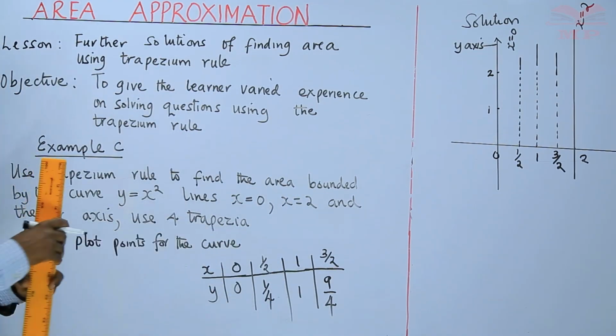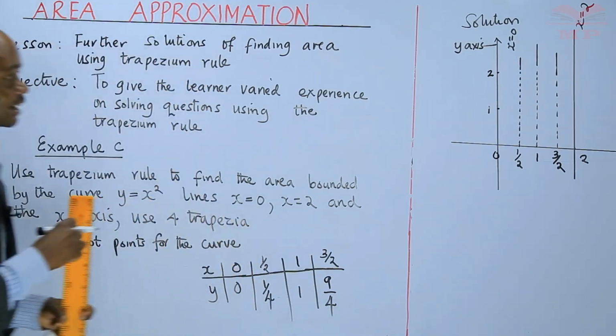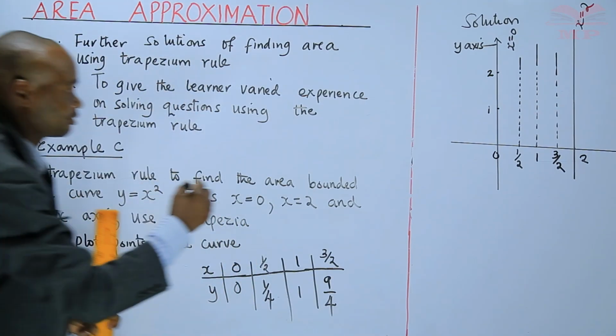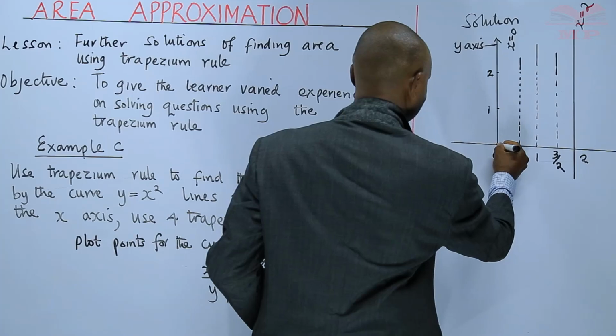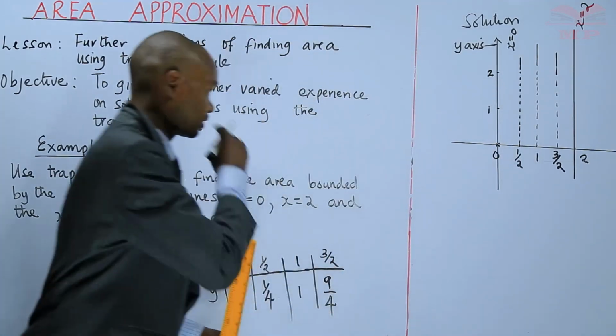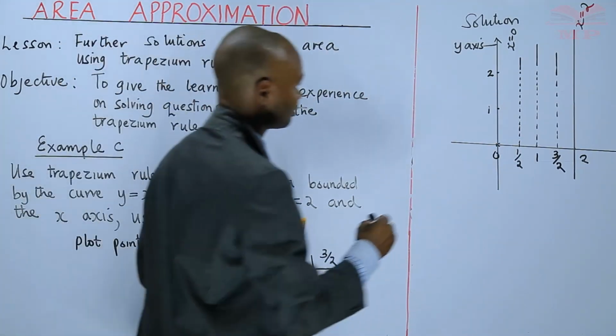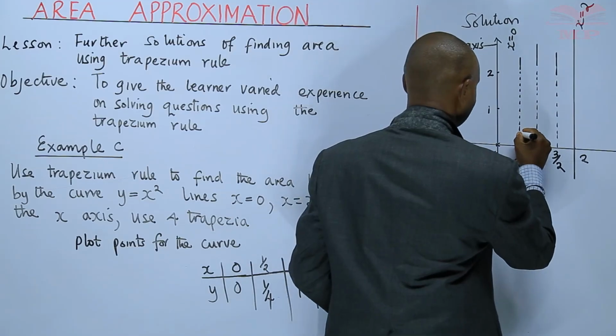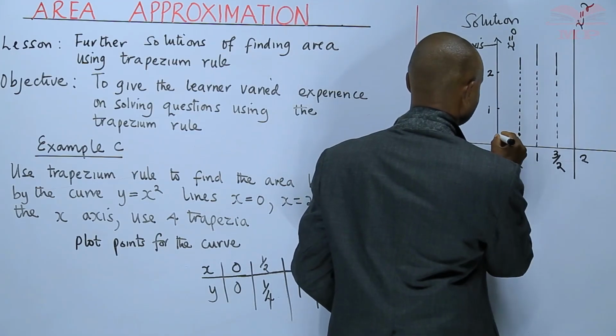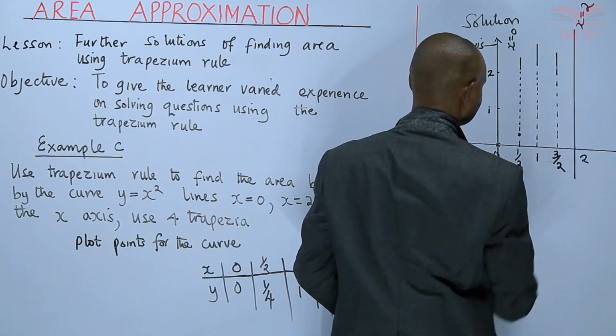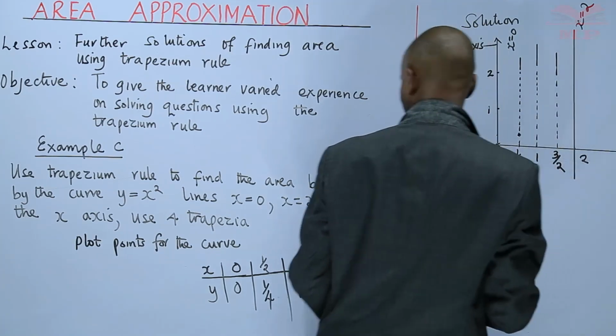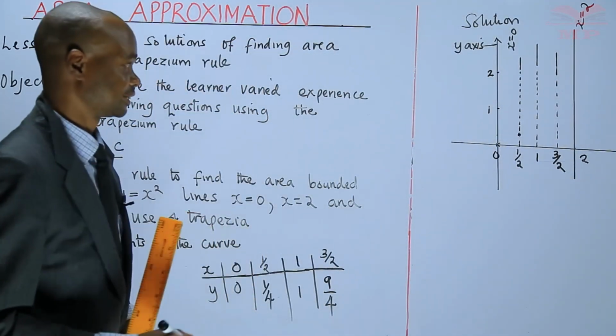In fact, I can get a trajectory of the curve, learner. So when x is 0, y is 0. When x is a half, y is a quarter.